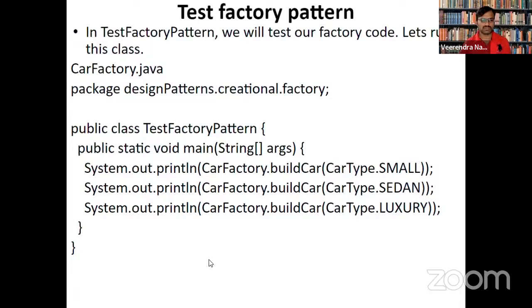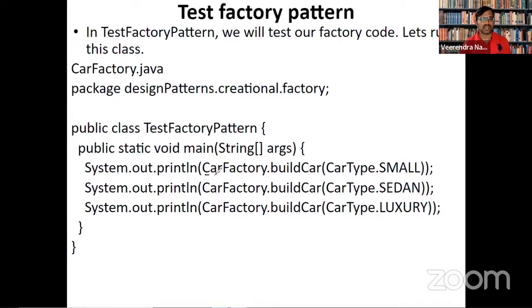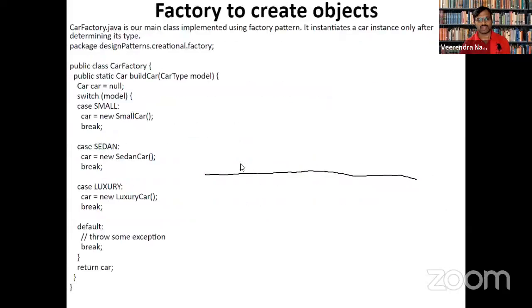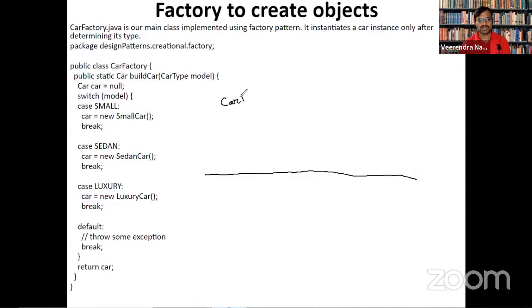If you observe, we are saying CarFactory.buildCar with type small. Whenever this call is made, see what is happening: CarFactory.buildCar. How is the call being made?